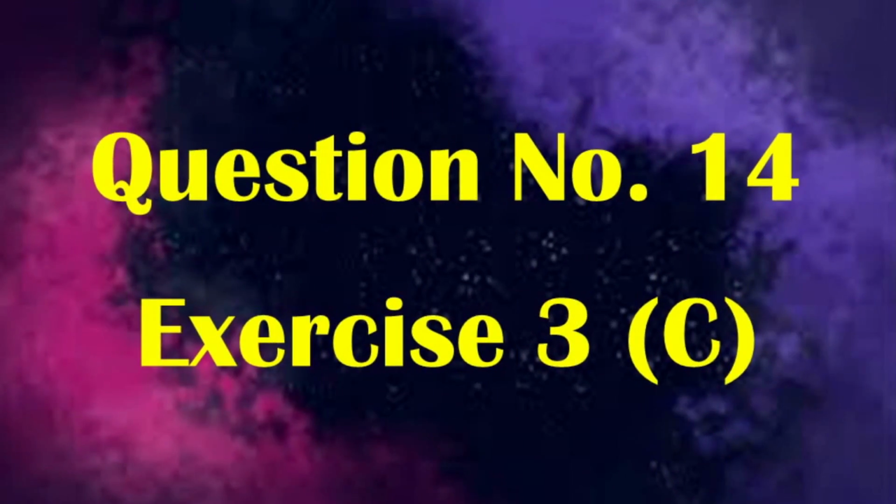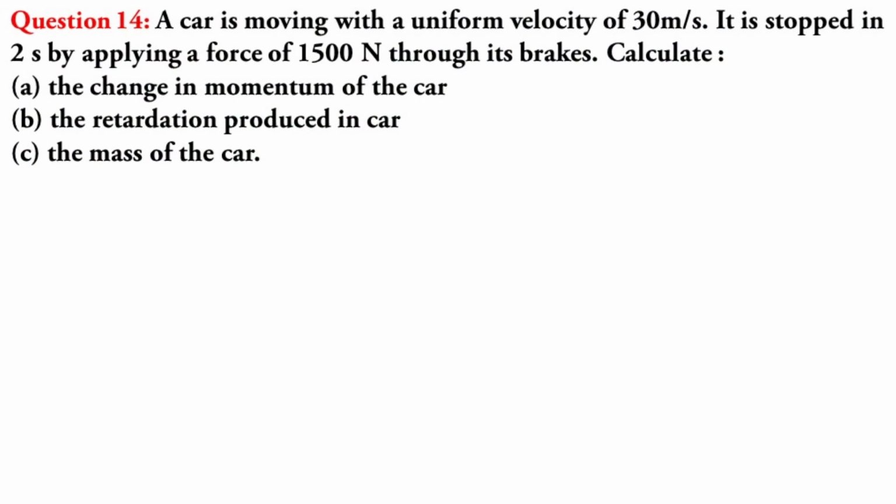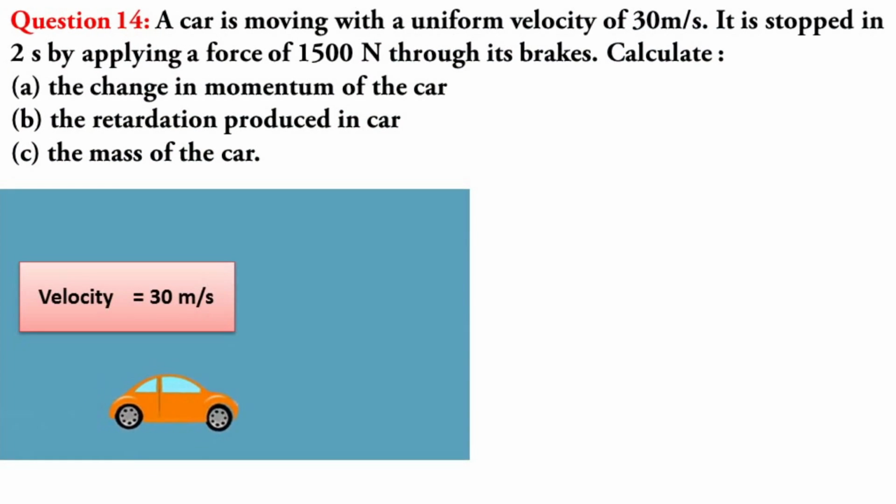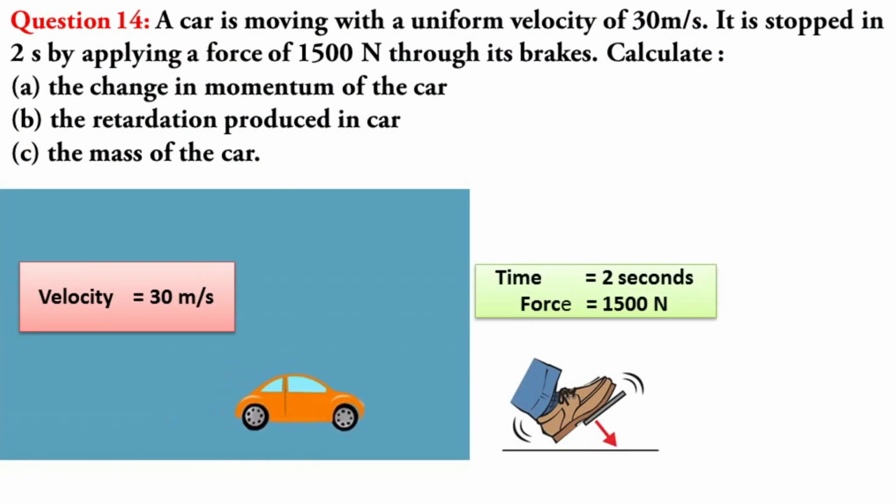A car is moving with a uniform velocity 30 meter per second. It is stopped in 2 seconds by applying a force of 1500 Newton through its brakes. Calculate A. The change in momentum of car, B. The retardation produced in the car, and C. The mass of the car.